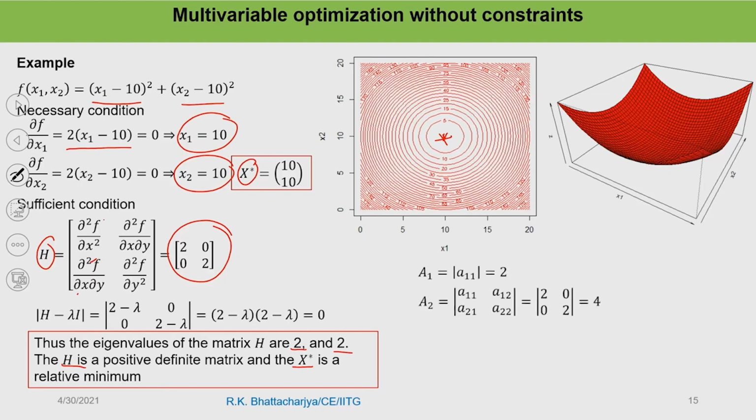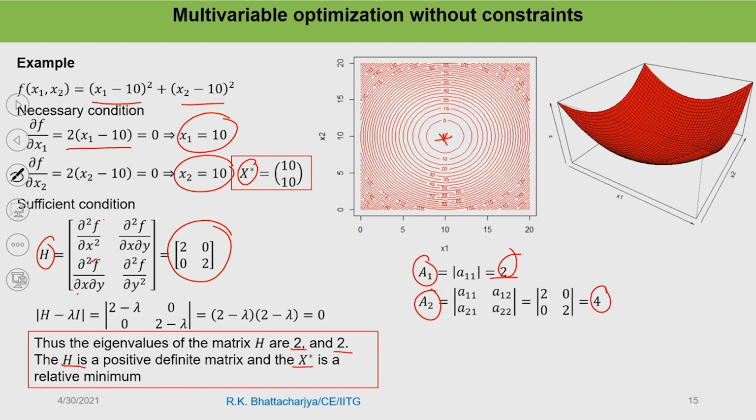Similarly, I can also calculate A1. A1 equal to 2 and A2 equal to 4, and both are positive. So, if A1 and A2 are positive, the matrix is a positive definite matrix, and therefore I can say that x star is a relative minima.